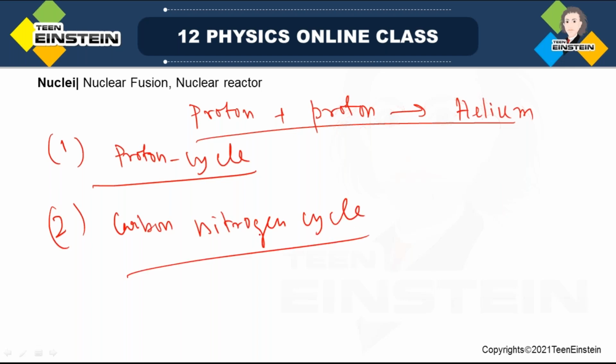So these are two different cycles of fusion reaction. First we will discuss what are the possible thermonuclear reactions in the proton-proton cycle. So let us erase this carbon nitrogen cycle.